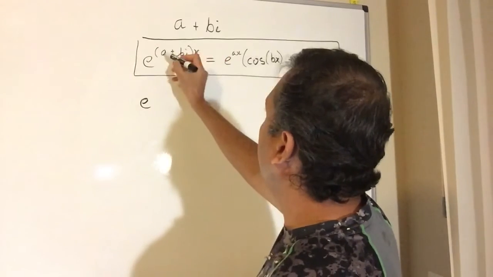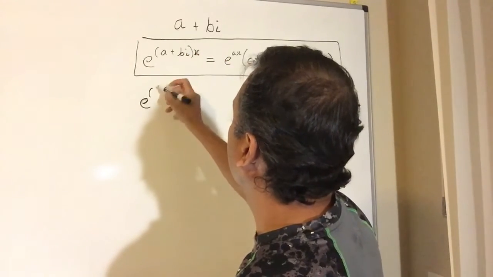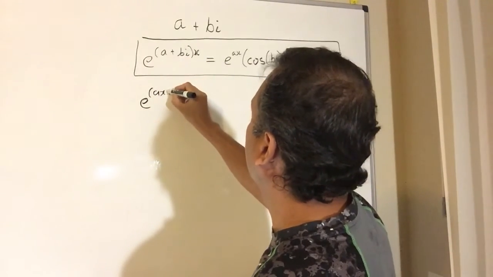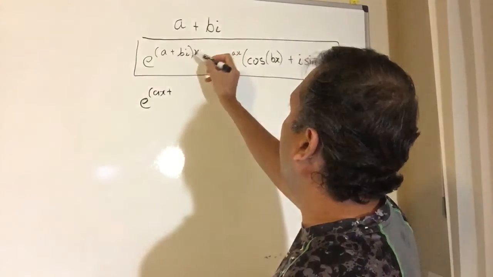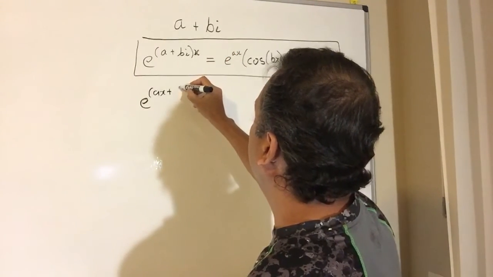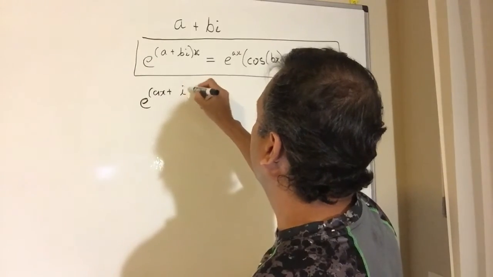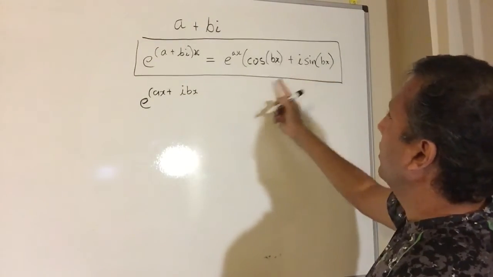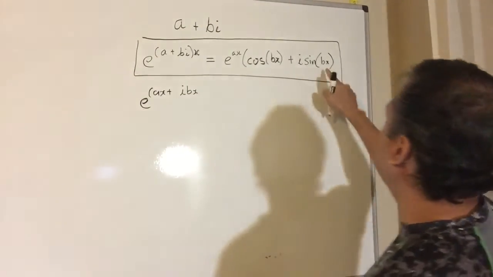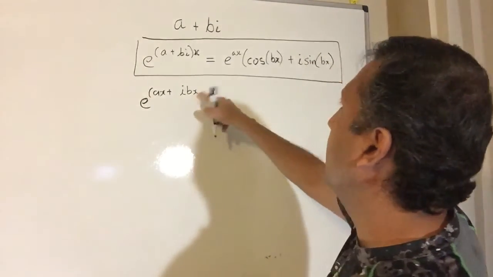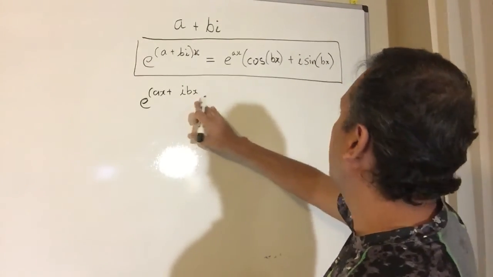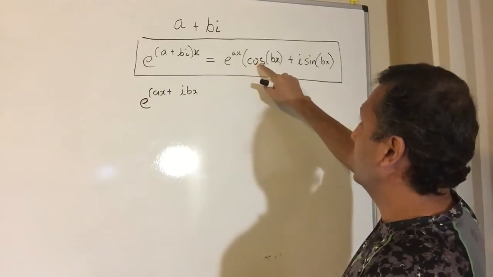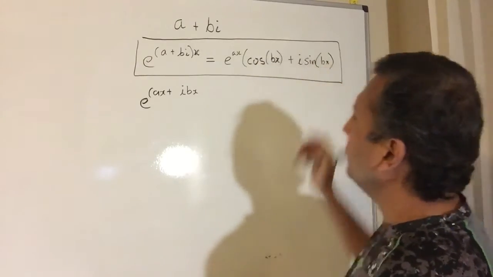e by x times a is ax, plus x times bi. I'll write it as i bx. I decided to write the i first because it's going to be separated out and you're going to have i bx. So it looks nicer when it matches up with what's inside the parentheses for the trigonometric functions.